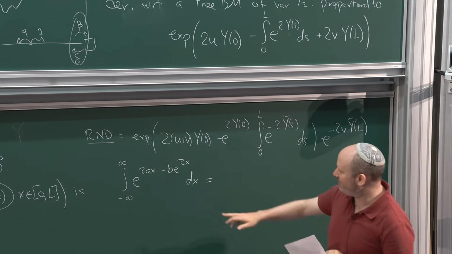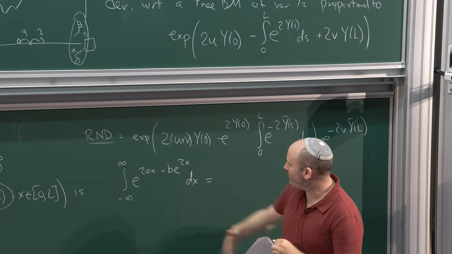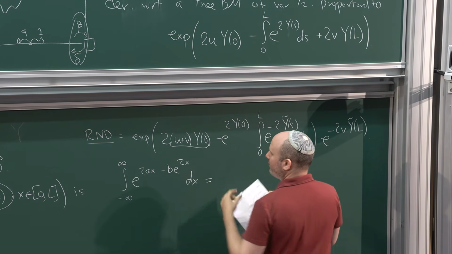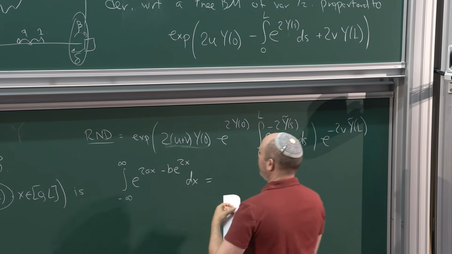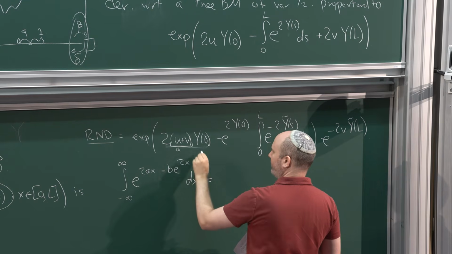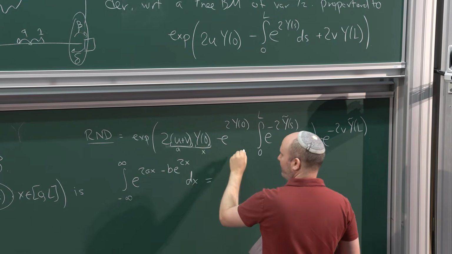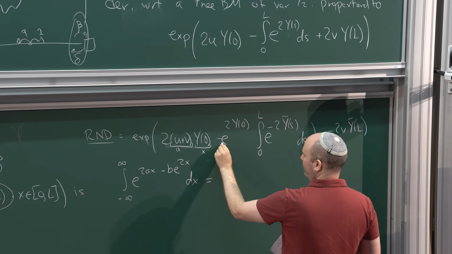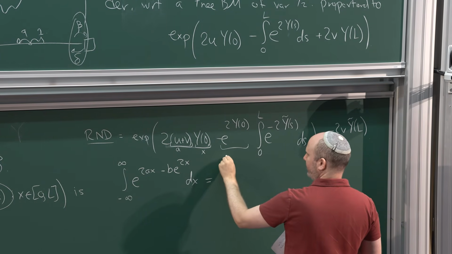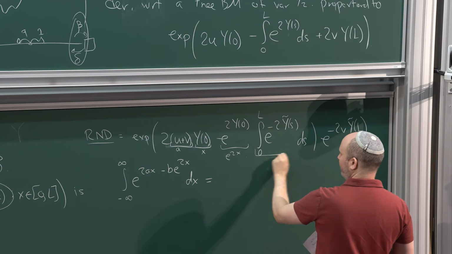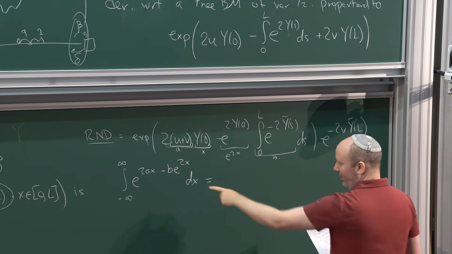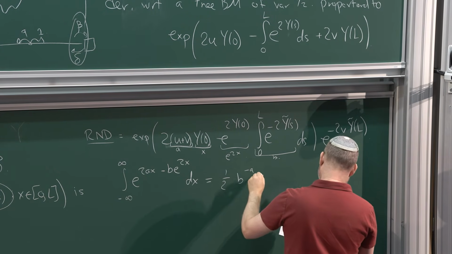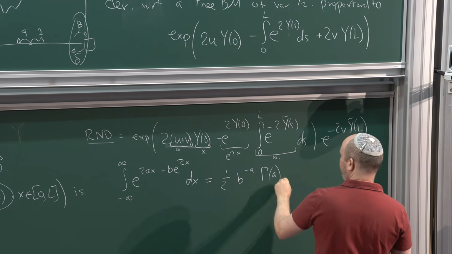So if I match this, you should think of this as what I'm calling A, this is what I'm calling X, this is the same as e to the 2x, and then this is what I call B. I can compute this integral, and it's 1/2 b to the minus a gamma of a.